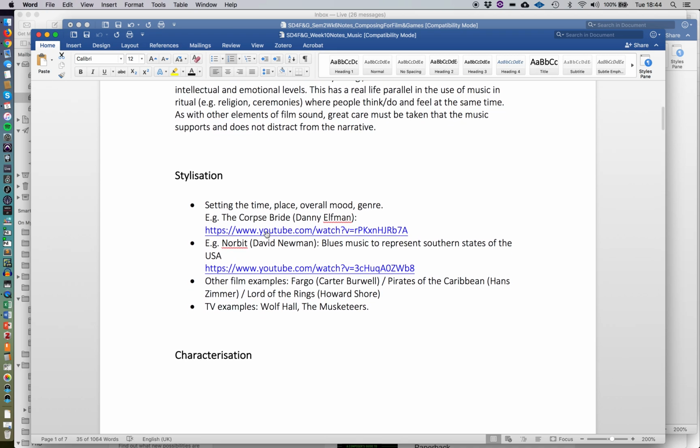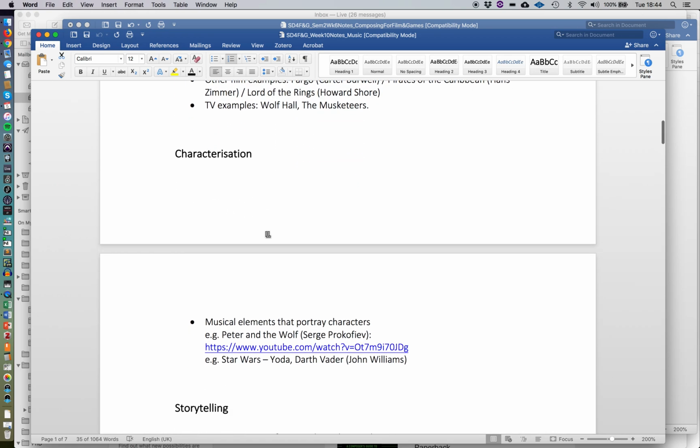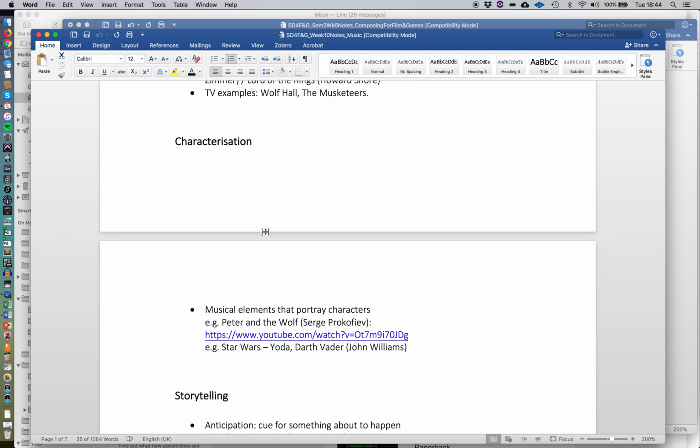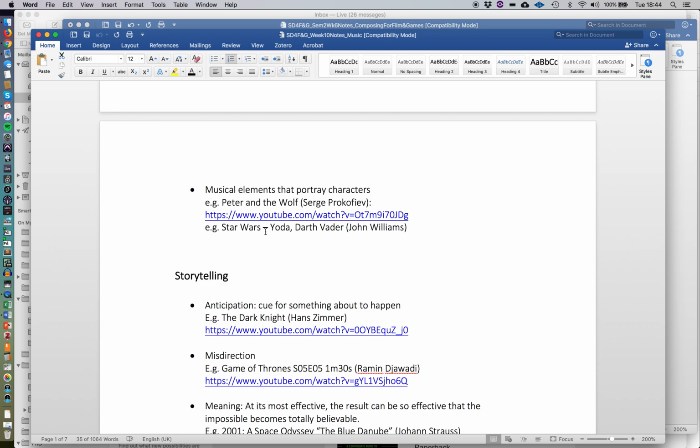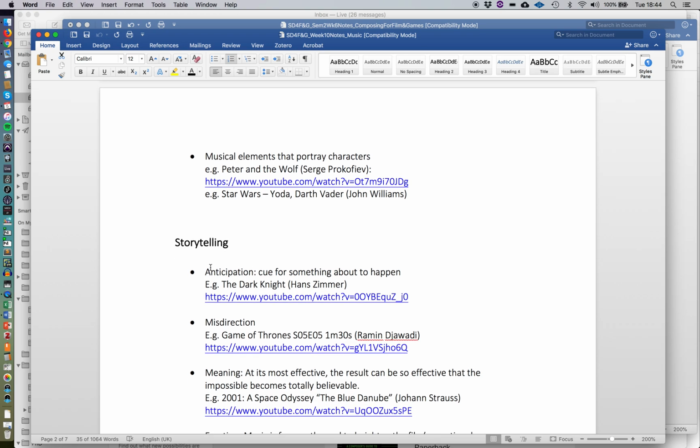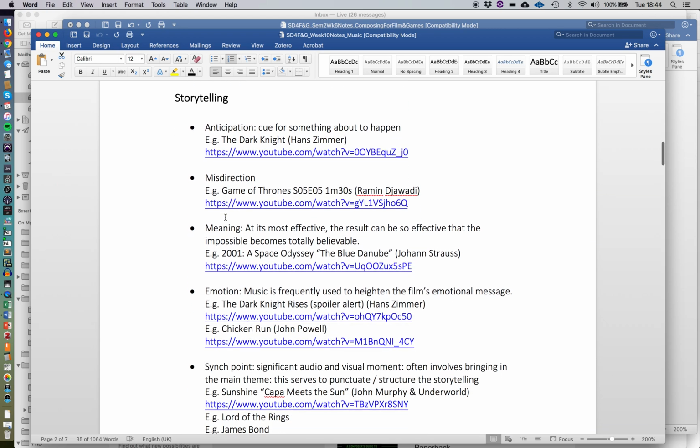We looked at the idea of characterization, so musical elements that portray characters, such as in Peter and the Wolf and in Star Wars. We looked at how it can impact storytelling, so creating things like anticipation, misdirection, different meanings.